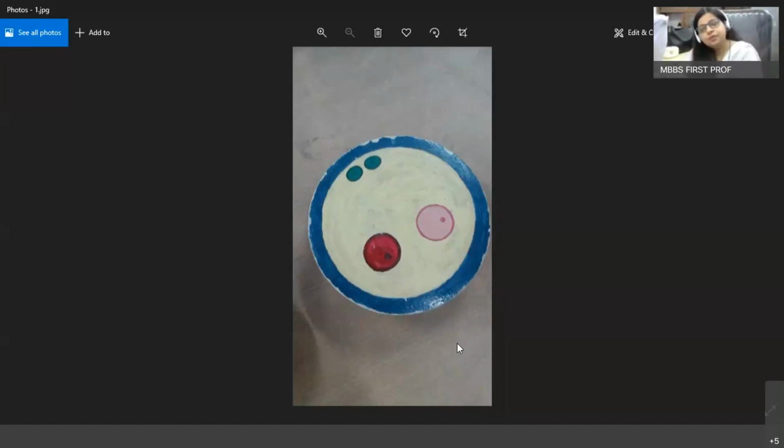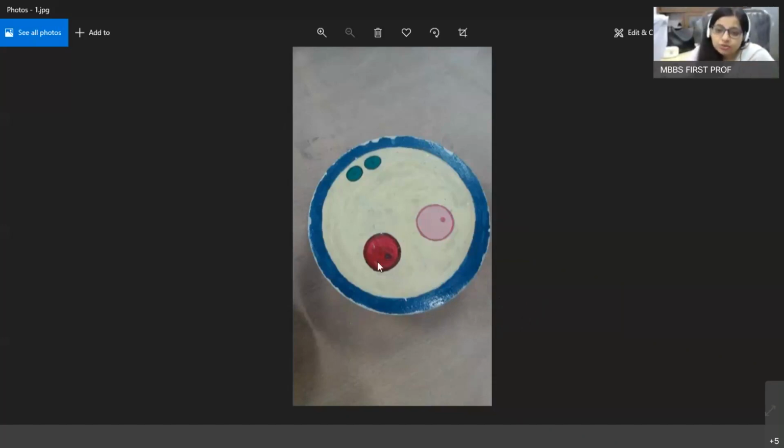Go back to your general embryology lectures. Just think about them, what all you studied there, and then we'll revise. Before fertilization, there are certain things. And then after fertilization, what happens?